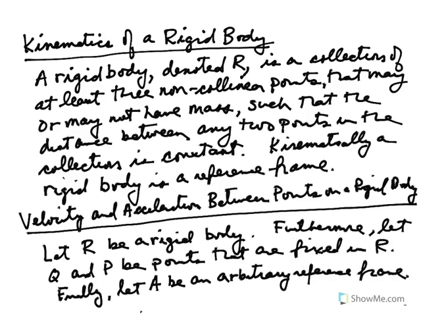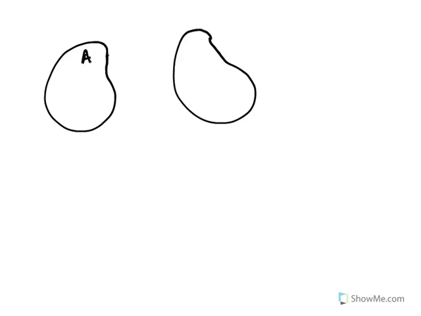Now, the velocity and acceleration between 2 points on a rigid body works as follows. Here's my arbitrary reference frame, I'm going to call it A. And here is my rigid body, I'm going to denote it R.